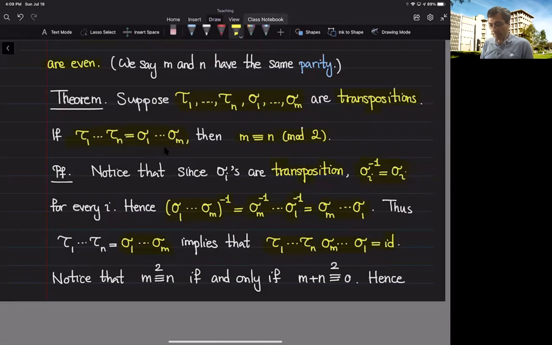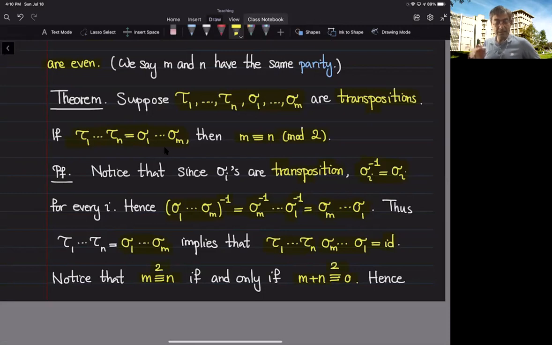Now notice that saying m is congruent to n modulo 2 is the same as saying m plus n is congruent to 0 modulo 2. Remember, because I'm working modulo 2, negative n and plus n are congruent to each other. That's one way of arguing why these two statements are the same. Alternatively, if m and n are both even, then their sum is even.